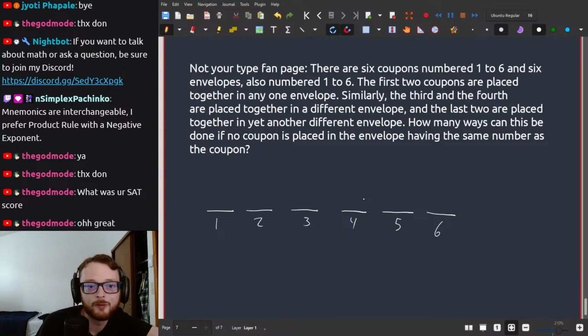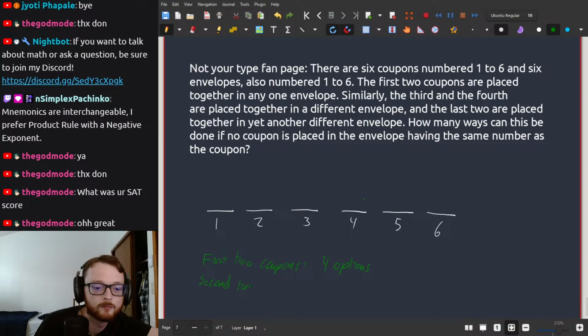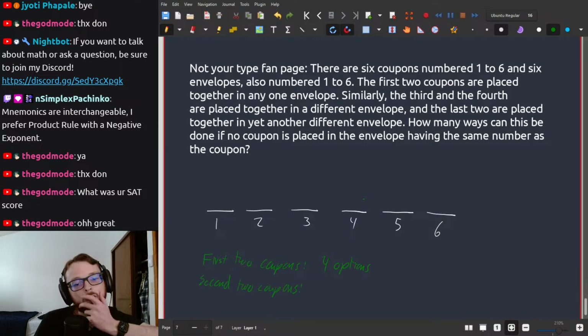So the first 2 coupons, they have the option to be placed in 3, 4, 5, or 6. So the second two coupons, they can't go in 3 or 4.